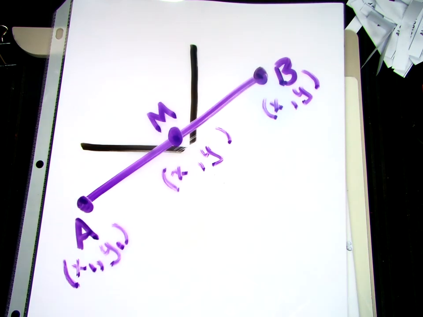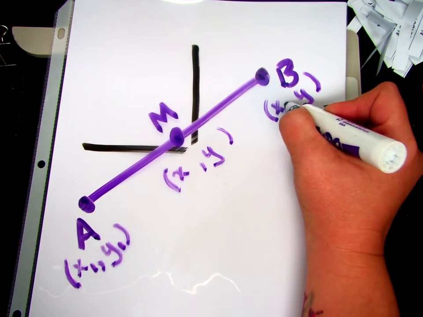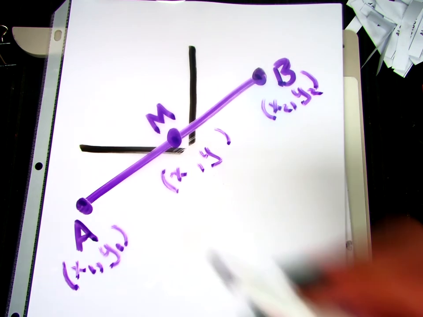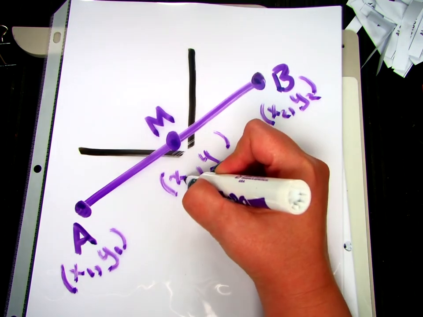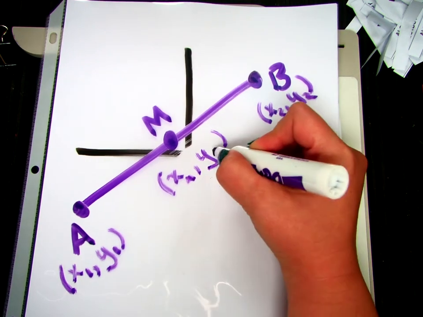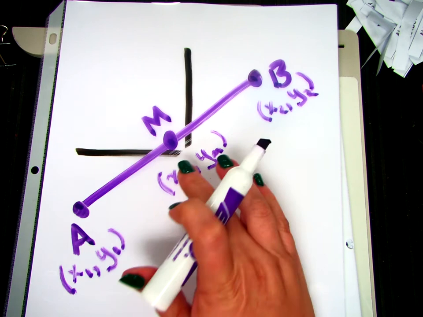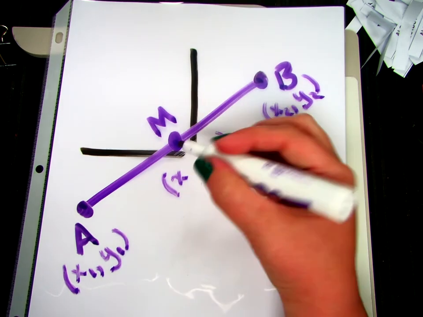And then you'll have the other end, so that's x2, y2. And then you have your midpoint, and sometimes you'll see it as x with a little m and y with a little m. It's kind of hard to do with this big fat marker to make that look like an M.